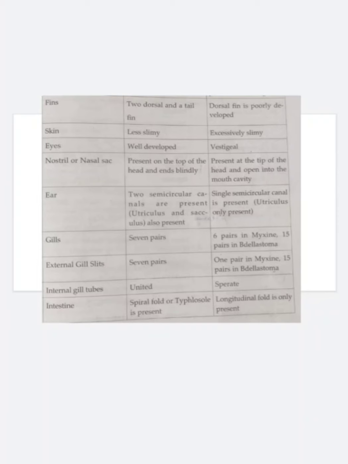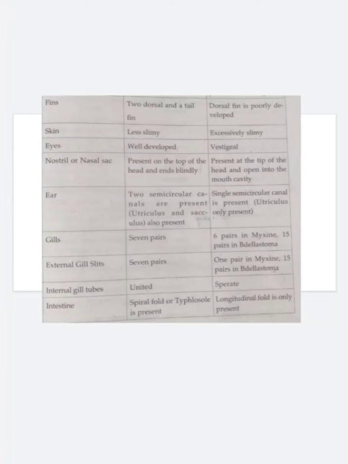In Petromyzon there are 7 pairs of gills, and in Myxine 6 pairs of gills, and 15 pairs of gills are present in Bdellostoma. External gill slits are also 7 pairs in Petromyzon, but in Myxine, even though they have 6 pairs of gills, only 1 pair of gill slits opens out.